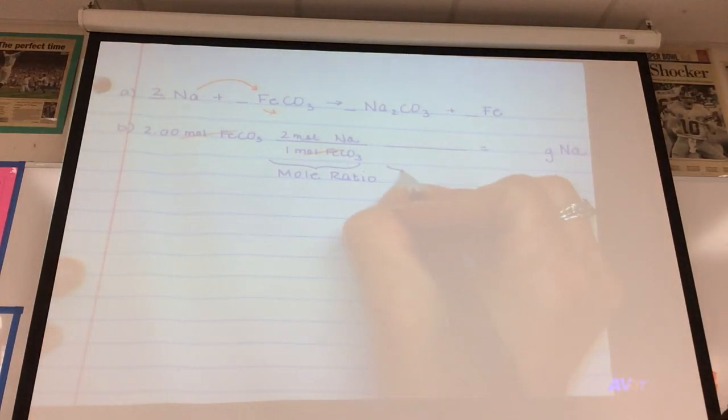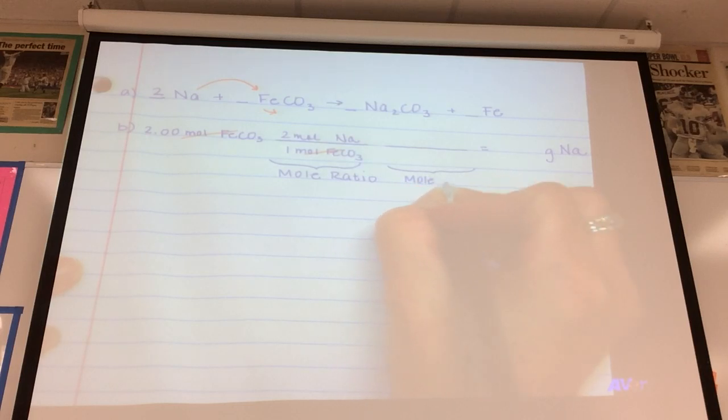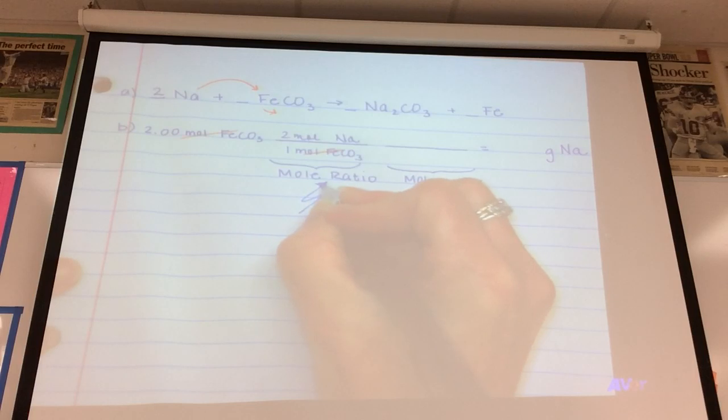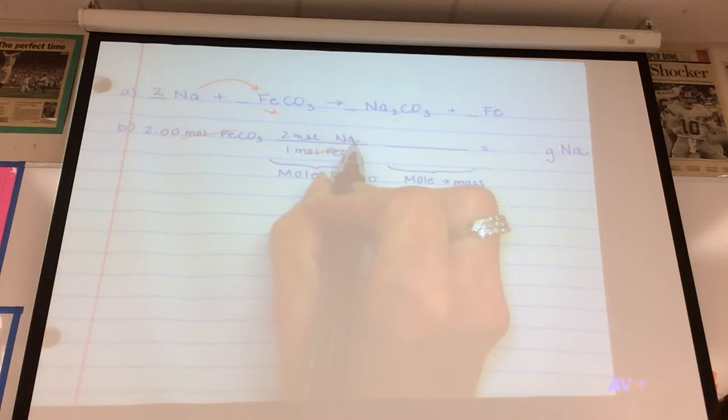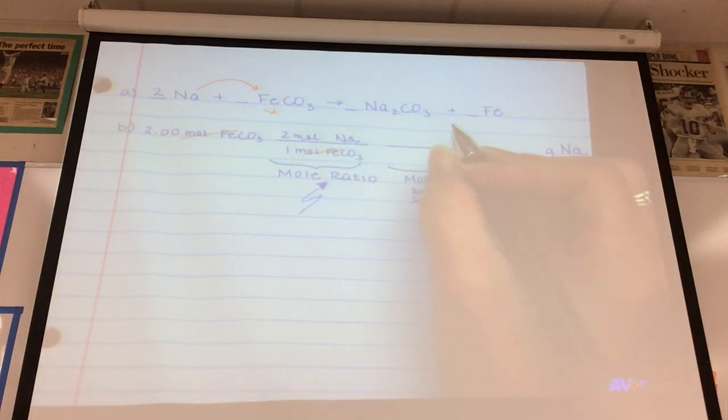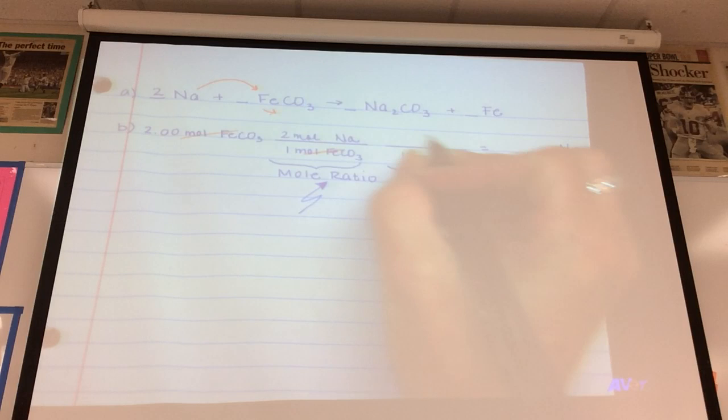Here, we're going to convert from moles to mass, same substance. It is the mole ratio that allowed us to go from one substance to another. This piece you know how to do. 1 mole of anything, in this case sodium, is equal to the mass in grams.